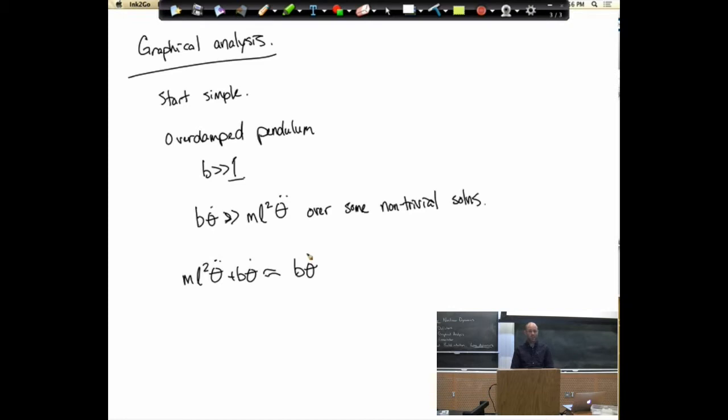If I've got enough damping in the system, then I can make that approximation. And if I finish the equation, now I've got B theta dot equals negative MGL sine theta. So now I have a new governing differential equation for my system.